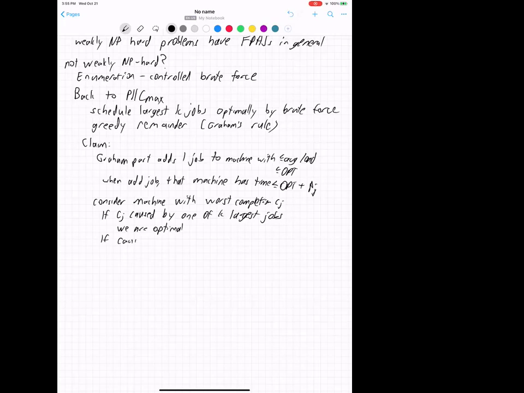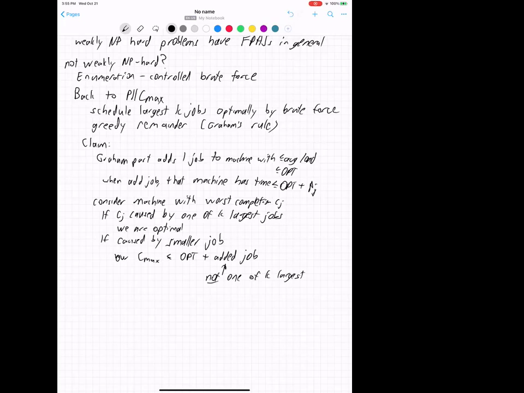If it's caused by a smaller job, right? Then our max completion time is at most the optimum time plus the added job, right? But the key here is that this added job is not one of the k largest jobs because we didn't run those greedily.